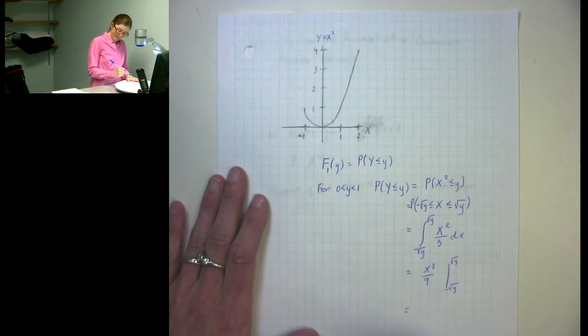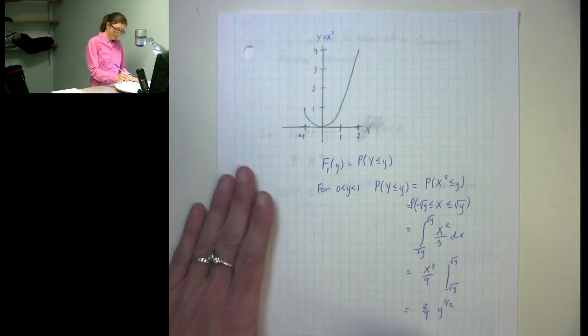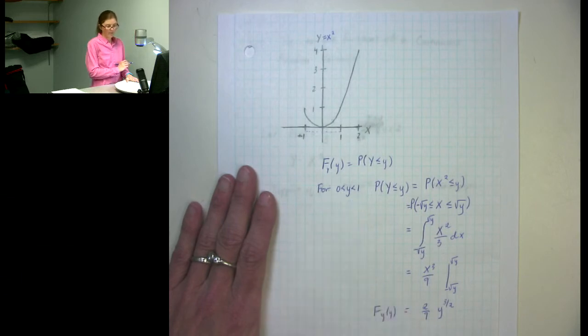And once simplified, it's going to give me 2/9 y to the 3/2. So this is my cumulative distribution function for y, if y is between 0 and 1.